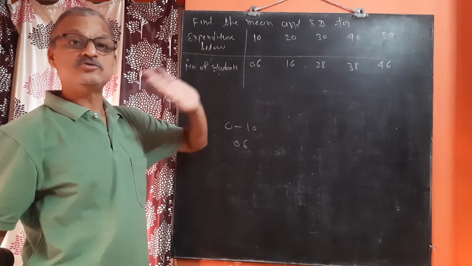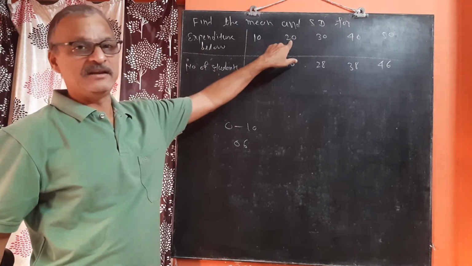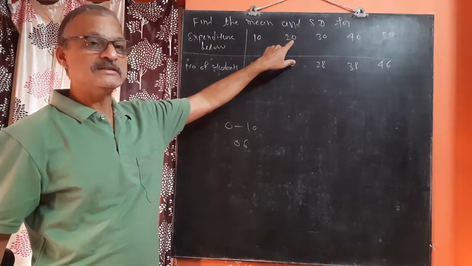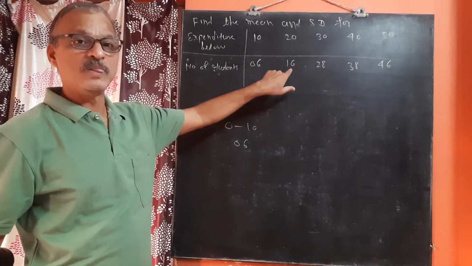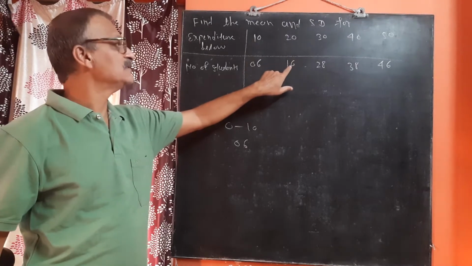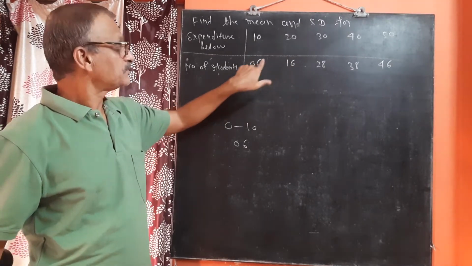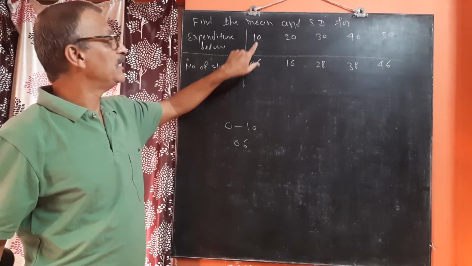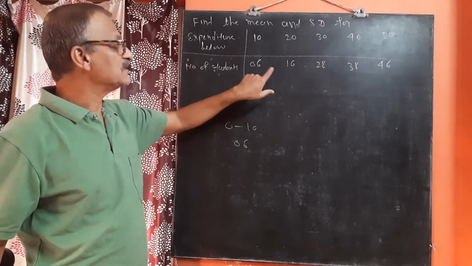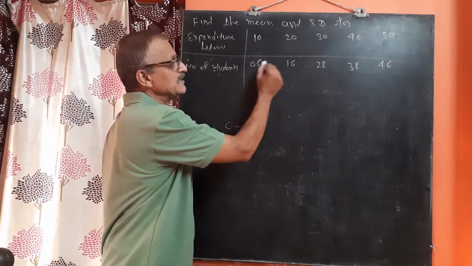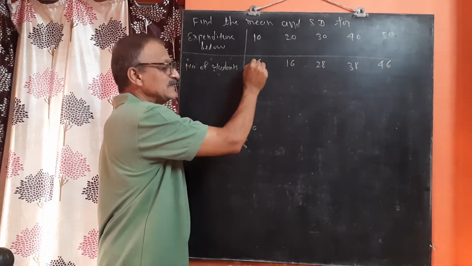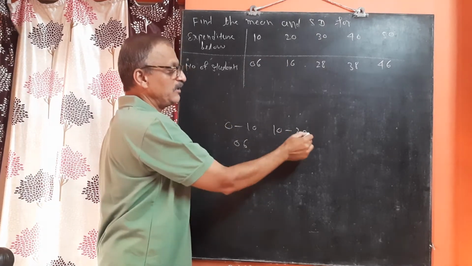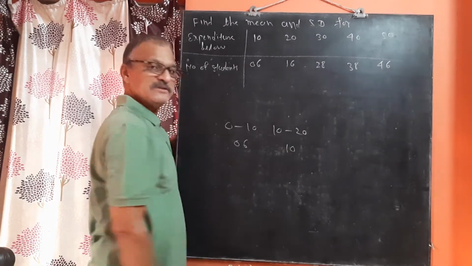The total number of students spending up to 20 rupees is 16. But out of those 16 students, 6 students spend only up to 10 rupees. That means the difference of these two, 16 minus 6, is 10. That means between 10 to 20 there are 10 students.